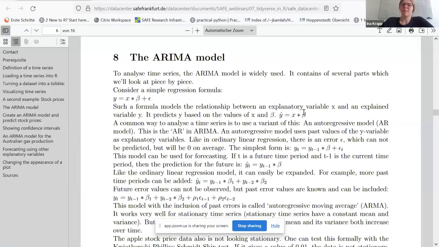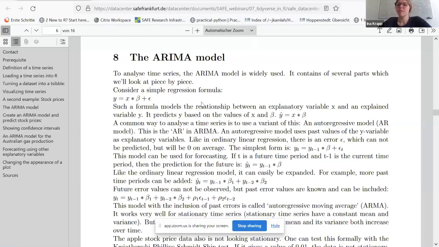This is not completely accurate though, because we have this error term epsilon, but you can calculate the beta to minimize this error term, and then the error will be 0 on average in most well-behaved data sets, so to say. One would also expect the error term to take on a normal distribution, but at least its mean should be 0. If it is not 0, you can also simply include a constant.